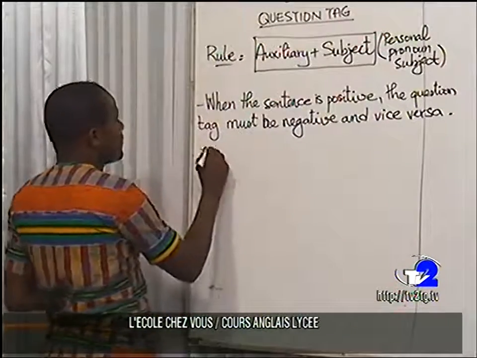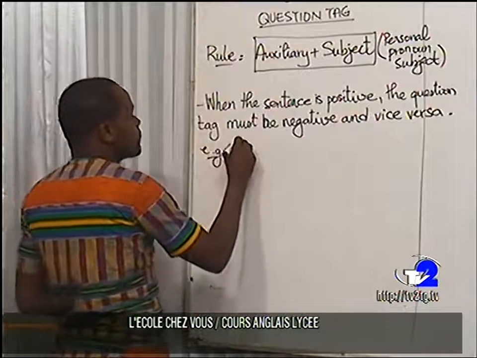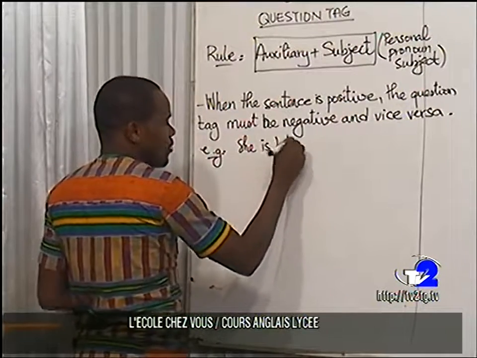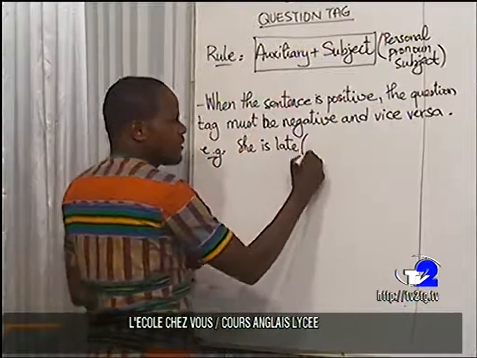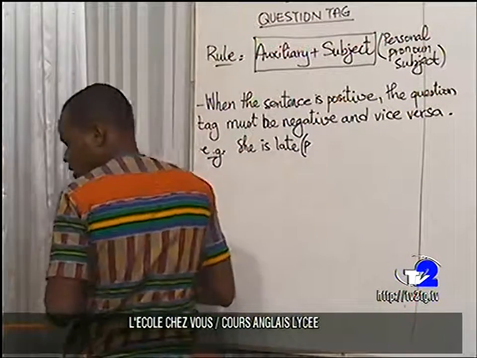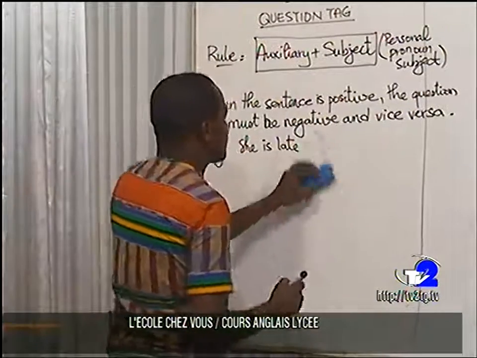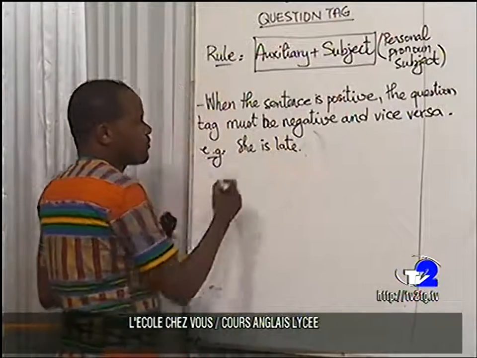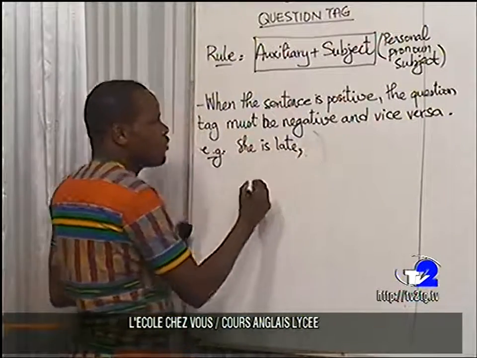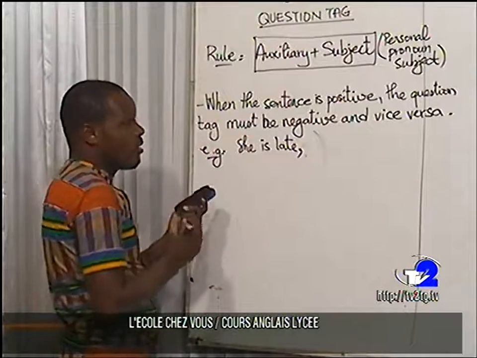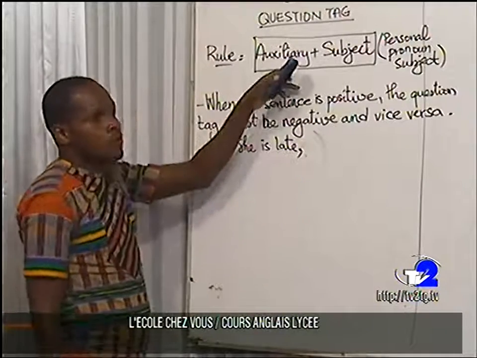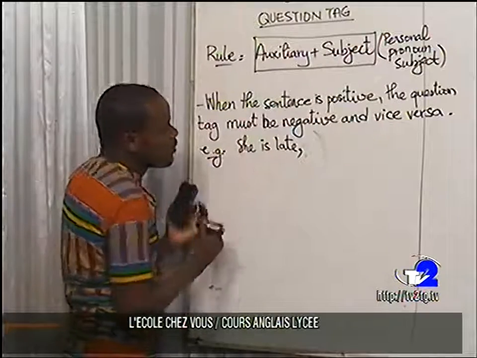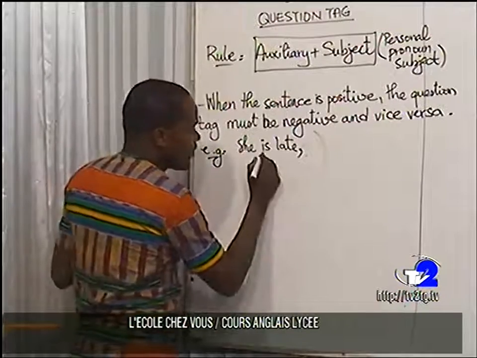Let me quickly take an example. For instance, if I say "she is late," you can realize that this sentence is positive, that is an affirmative sentence. So the question tag should be what? We said that we form the question tag with the auxiliary plus subject. First of all, what is the verb in this sentence?